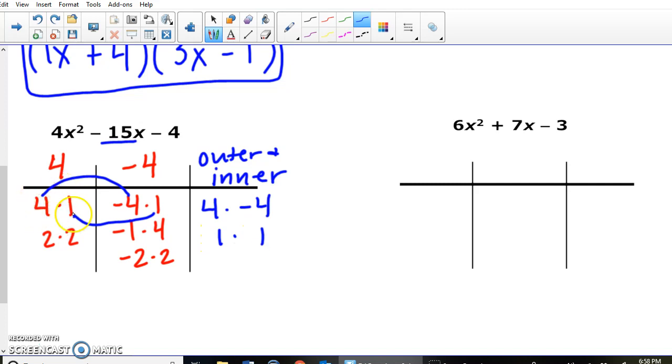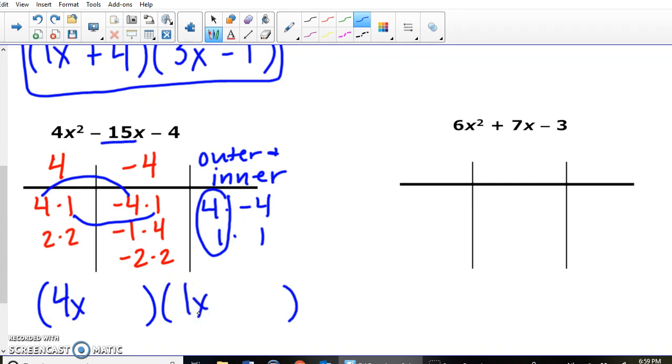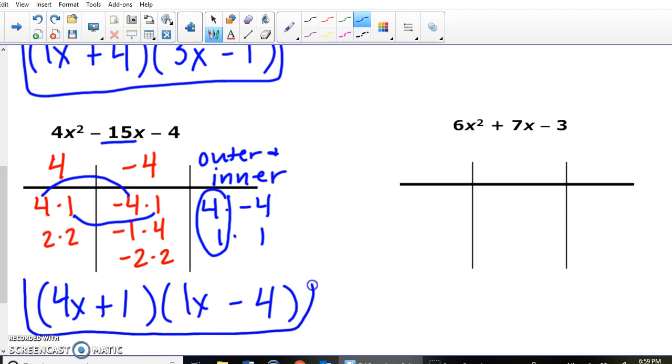I want to make sure that my factors of 4 go first in my binomial. So if I write that out, I should have 4x and 1x, or just x. And then my outside terms should be 4 and -4. So 4 and then -4 on the outside, 1 and +1 on the inside here. Okay, so there's my final answer for that one.